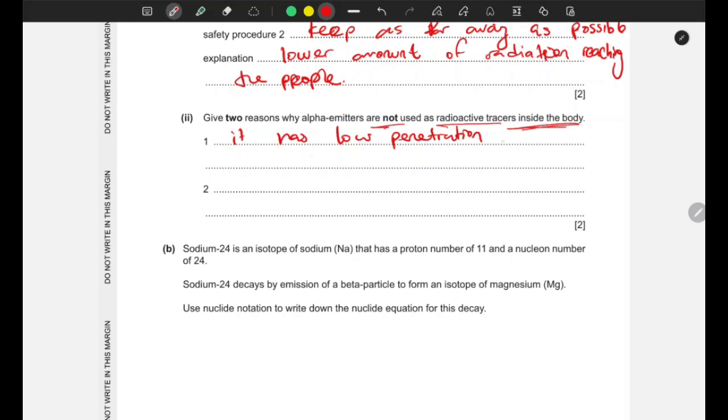So because of that, it can't reach the detector outside the body. It won't be able to penetrate through the body and reach the detector. So that's why it's not used.